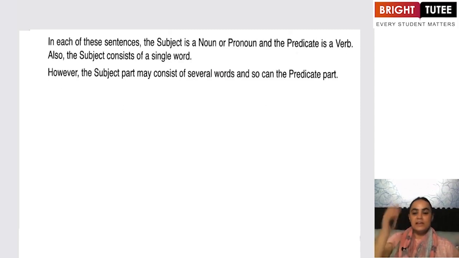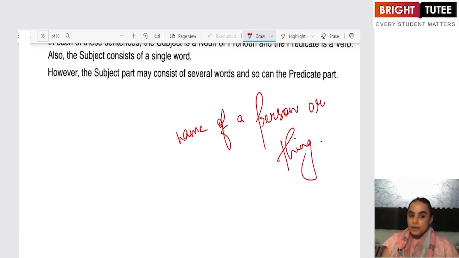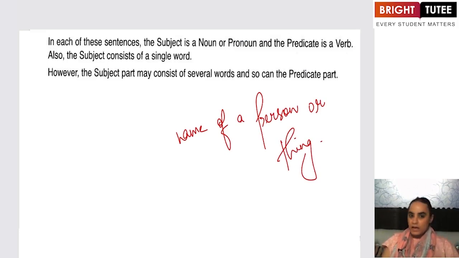So basically, a subject is always either a noun, because as I told you earlier, it is always the name of a person or a thing. So your subject is either a noun or a pronoun. He, she, it, they, we, right?